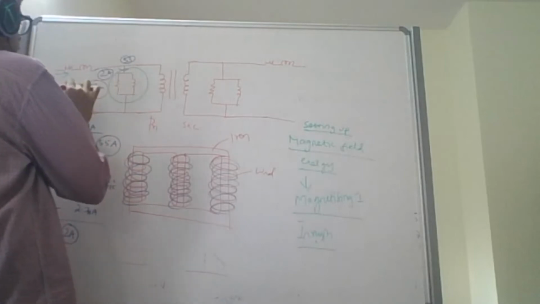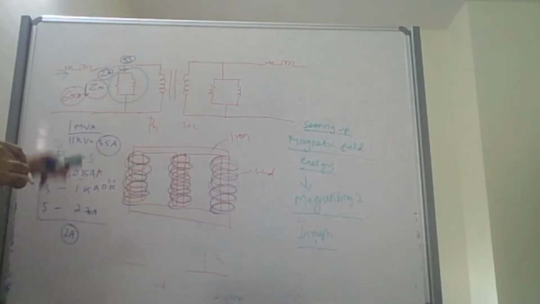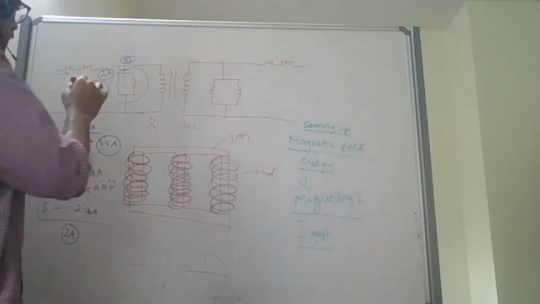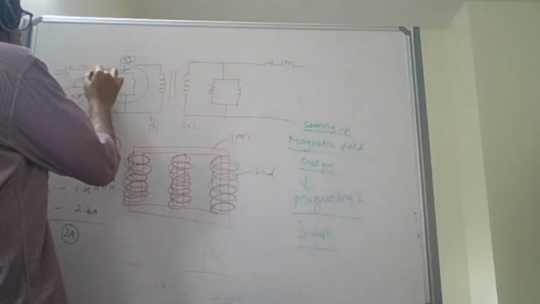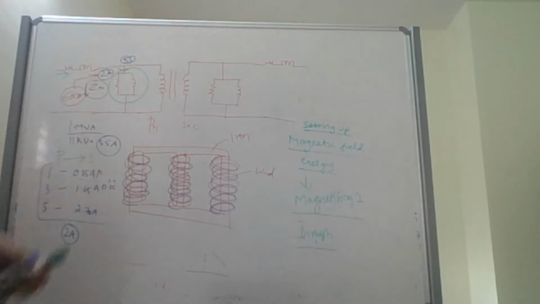So you can see the starting current in a transformer is almost like 600 amps. And you can see that this current reduces to almost 2 amps. So 600 amps to 2 amps, so now less than 1%.